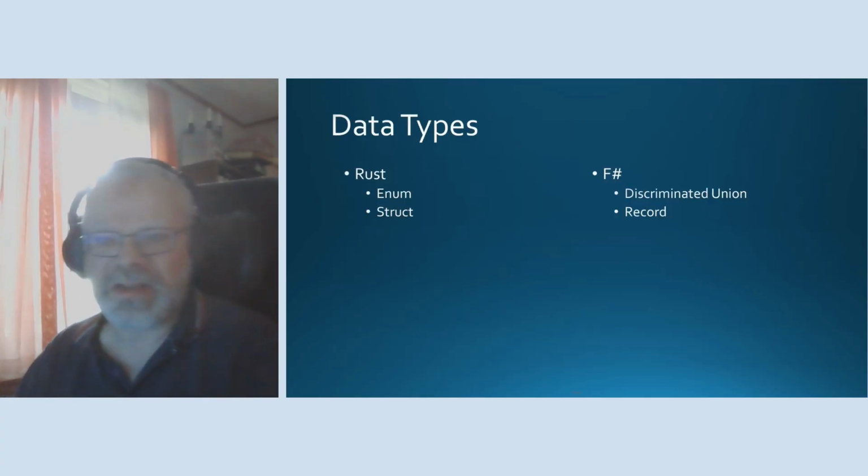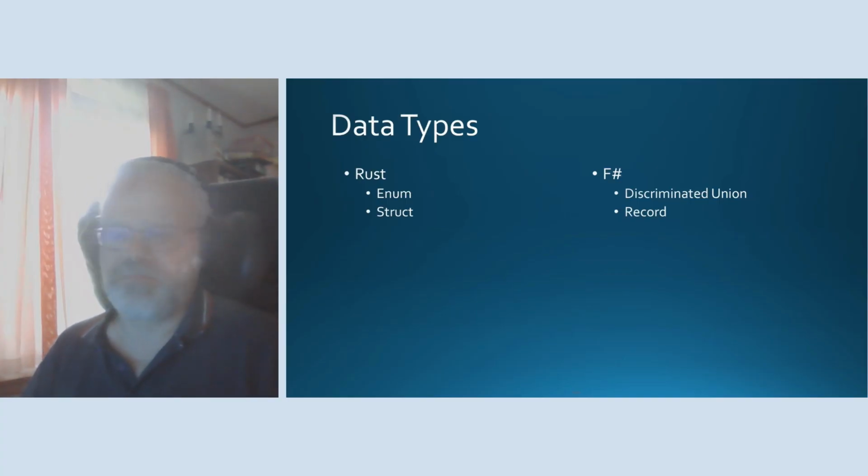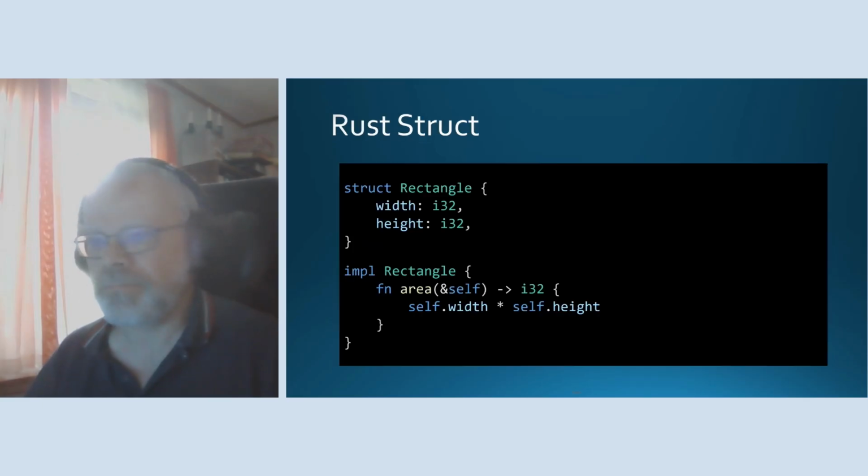Right. Data types. Rust declares mainly 2 data types, enums and structs. In F# we have discriminated union and record, but they are the same thing. They're same, different name. They are exactly the same thing. In Rust, we can declare a struct, a rectangle with width and height here.